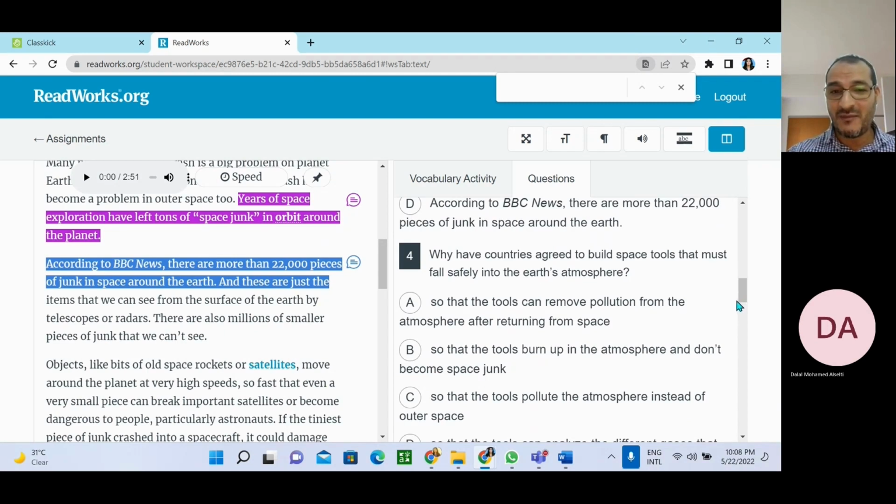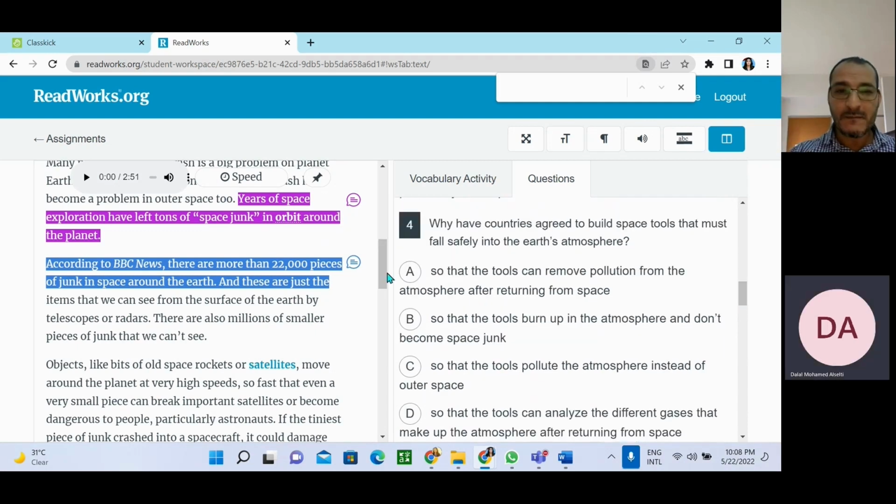Number 4, read it, please, carefully. Why have countries agreed to build space tools that must fall safely into the Earth's atmosphere? They want space tools to fall back into Earth's atmosphere. Why?